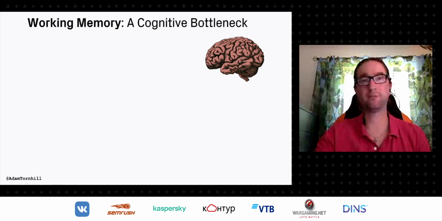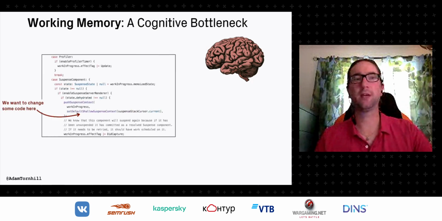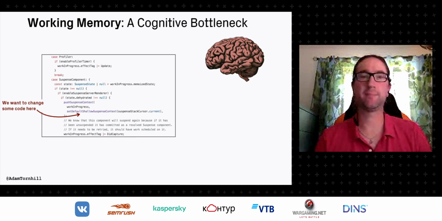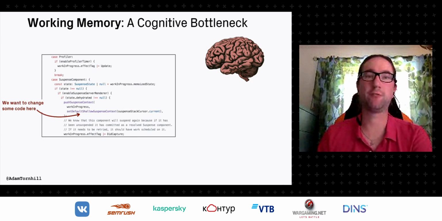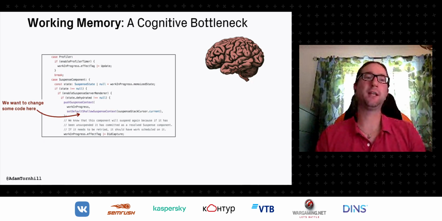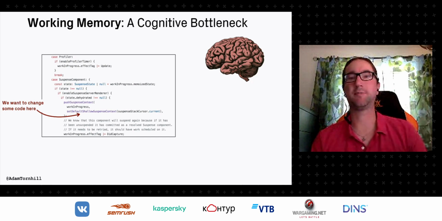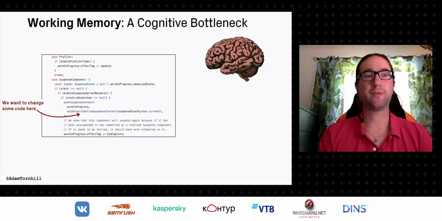And this is a risk when we see code like this. So have a look at this brief code snippet. It's a piece of code I picked out of React from Facebook, a JavaScript library. And let's pretend that we want to make a change to the code as indicated by that arrow. Now, that arrow is nested.